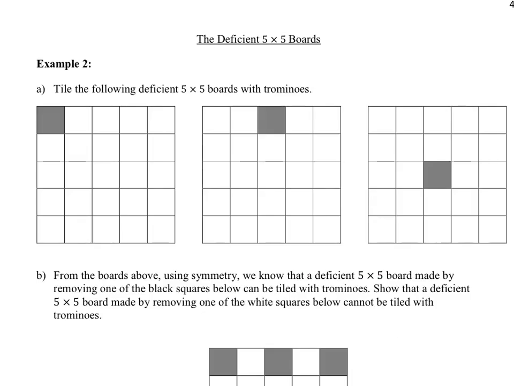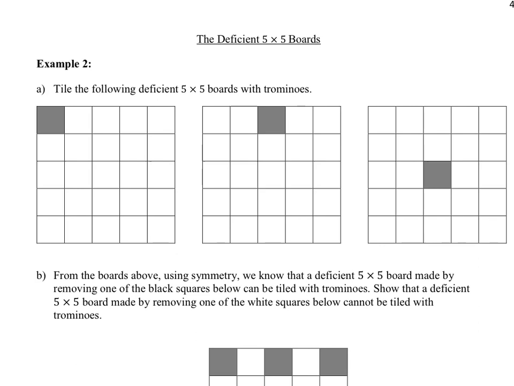Okay, so our story is going to start with 5x5 boards. The 5x5 boards have some cases where you can solve the problem and some cases where you can't. In particular, the ones below, whenever the deficiency is in a corner, the center of a side, or in the very center of your grid, it is possible to solve these tiling problems with Trominoes.